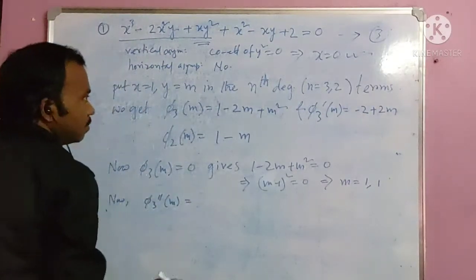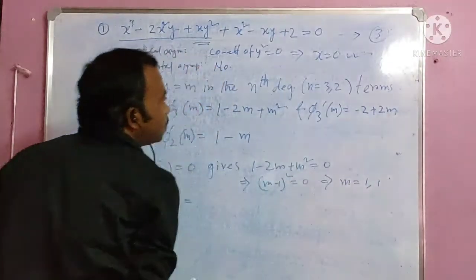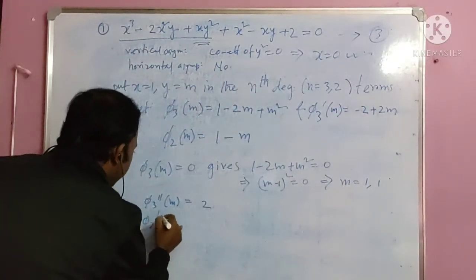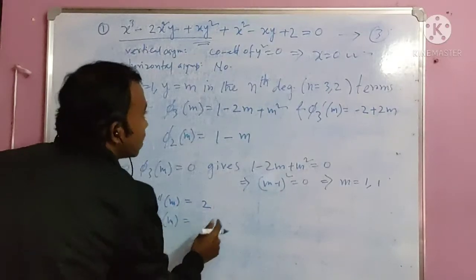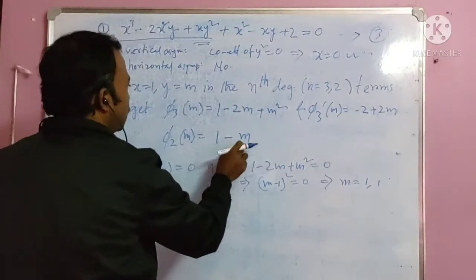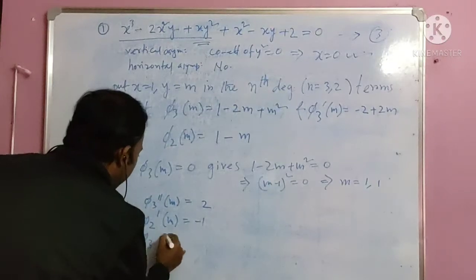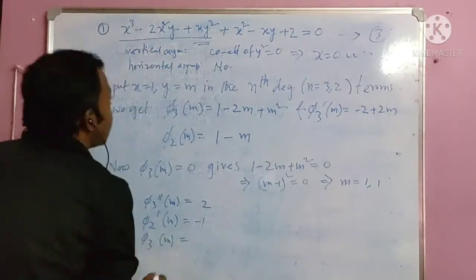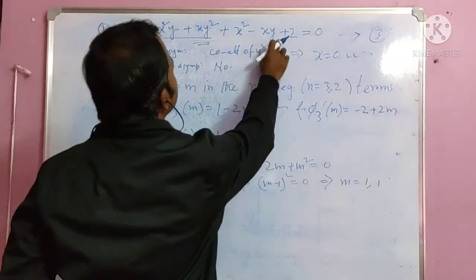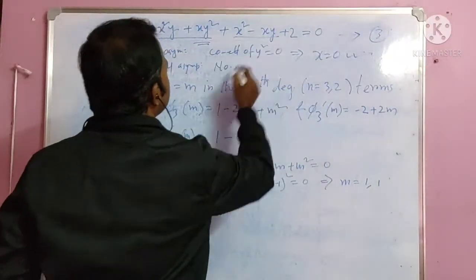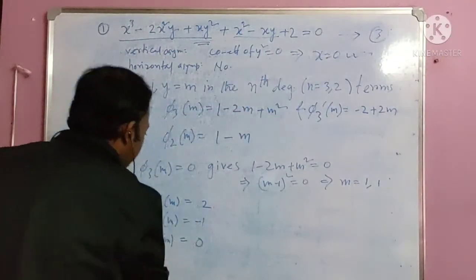Phi 3 double dash m is 2, and phi 2 dash m. Phi 2 dash m is equal to minus 1, and phi 1 m. What is phi 1 m? Phi 1 m is the x term. There is no x term, so this would be 0.